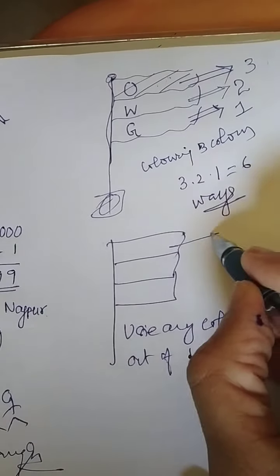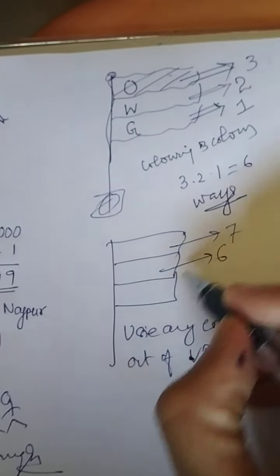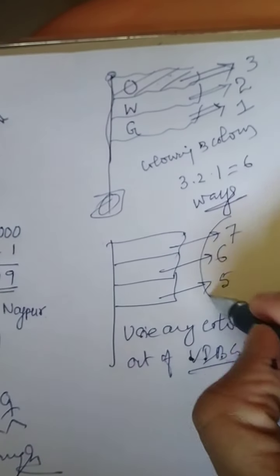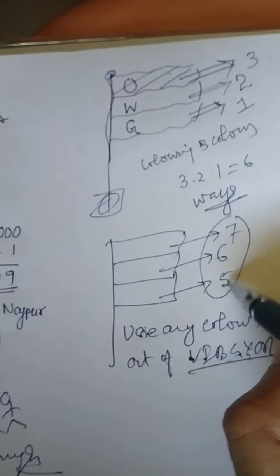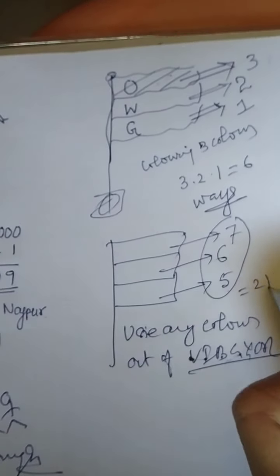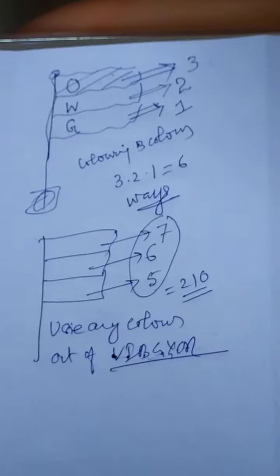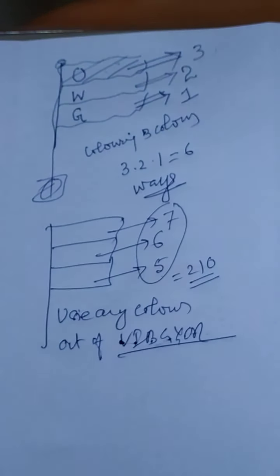So when you are coloring, this is 7 ways, this is 6 ways, this is 5 ways. So in this way 7 times 6 is 42, times 5 is 210. It will be 210 different flags. This is a way of logically connecting and getting the number.